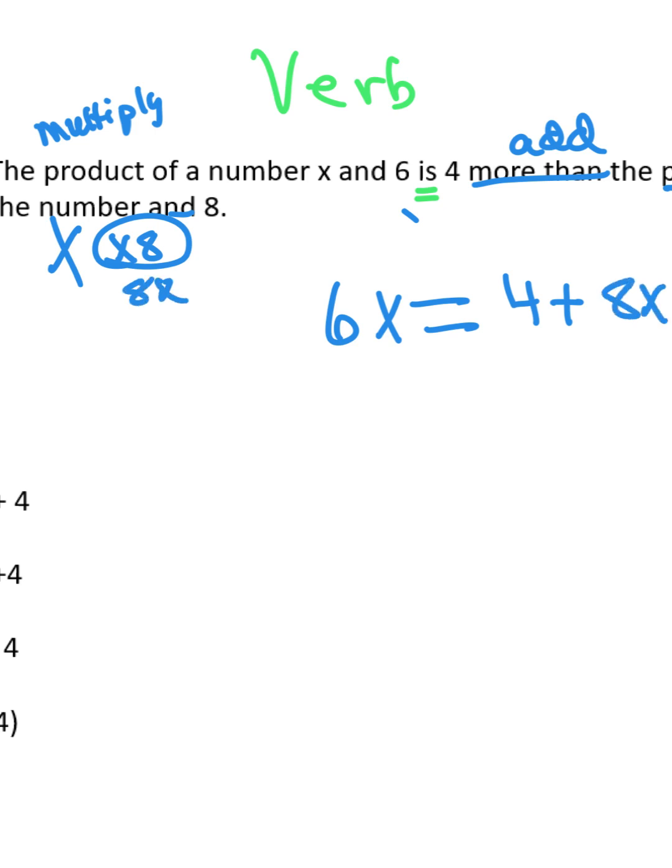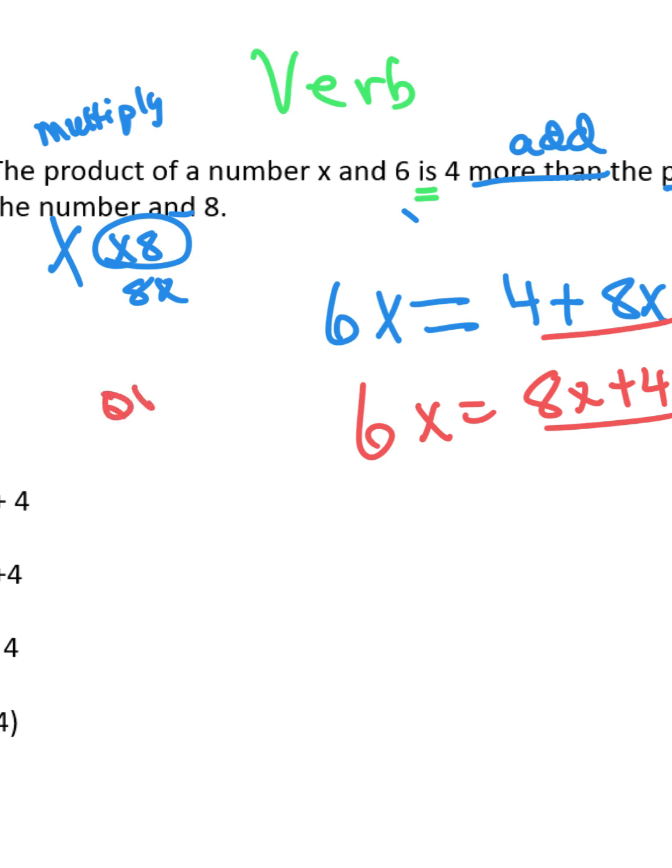So I look at my answers, but I don't see that answer. I almost see that answer. I have 6x is equal to 8x plus 4. When I compare these right sides, the order has been changed.